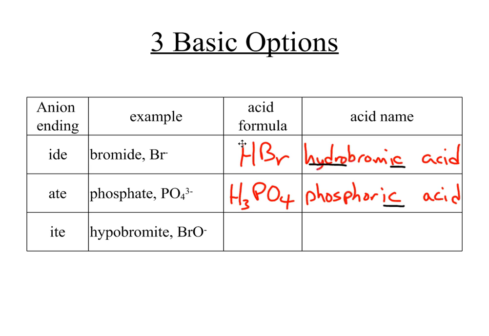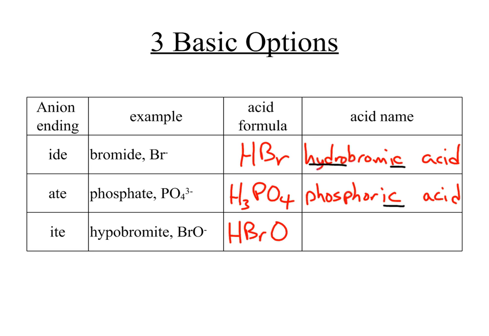And then finally, our last option is an ite ending anion. These anions end in ITE, and these would all be polyatomic anions, as would the ate anions. So if we have hypobromite, this is BrO-. The formula, since it's a -1, would be HBrO.